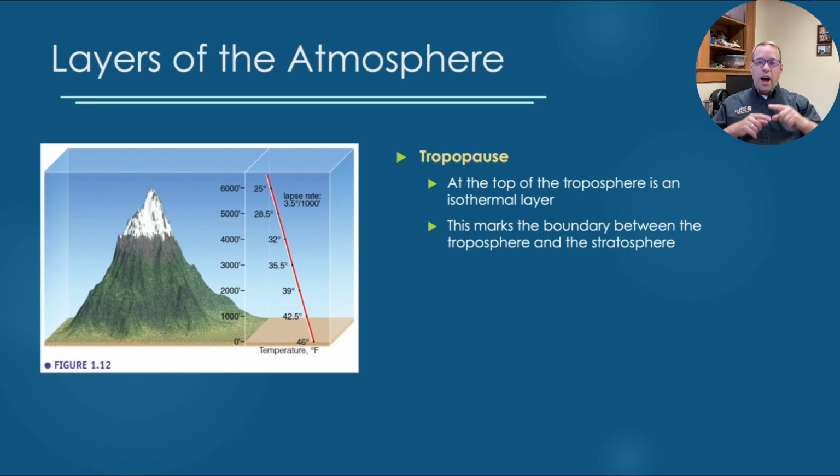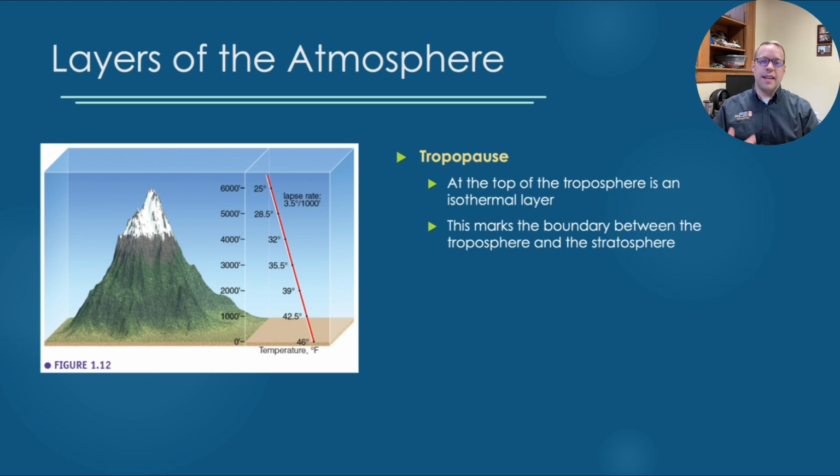Now, at the top of the troposphere, the temperature actually stops decreasing, and you get yourself a small, very narrow isothermal layer. This is called the tropopause. Okay, the troposphere, and above that is the tropopause. This marks the boundary between the troposphere and the next layer, which is the stratosphere.